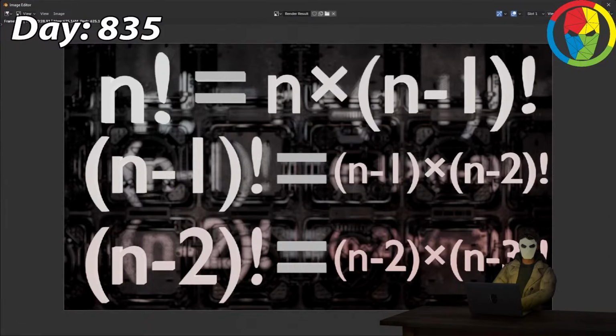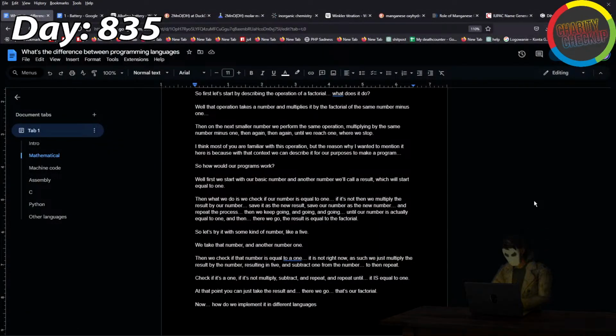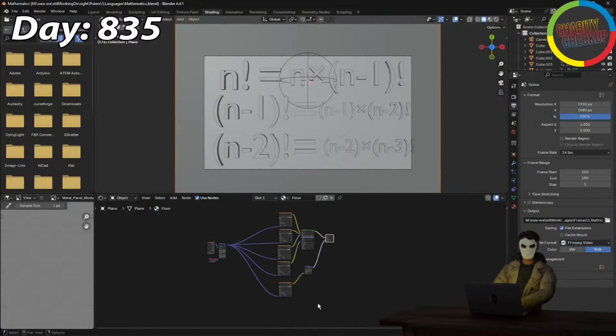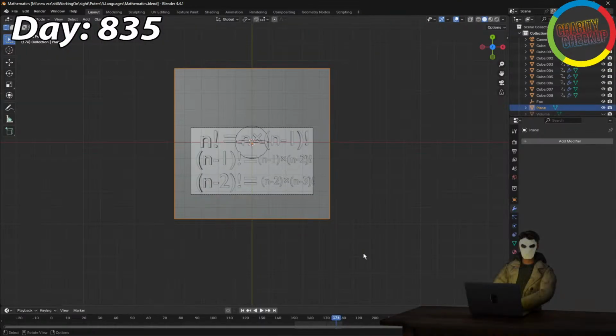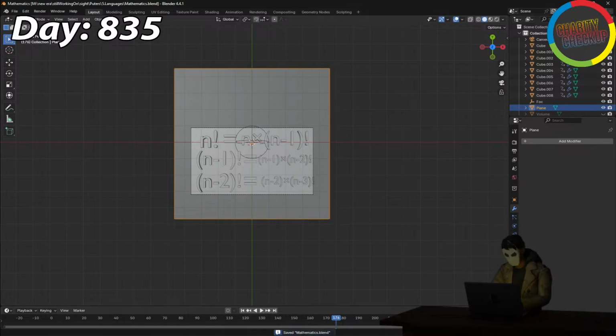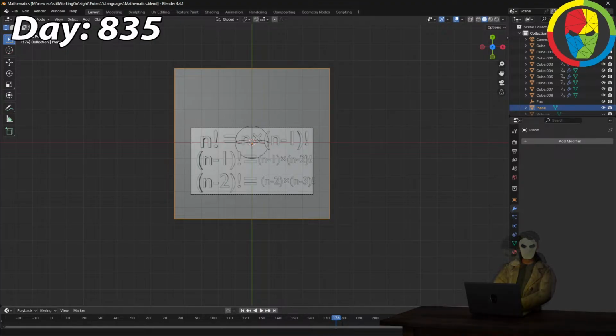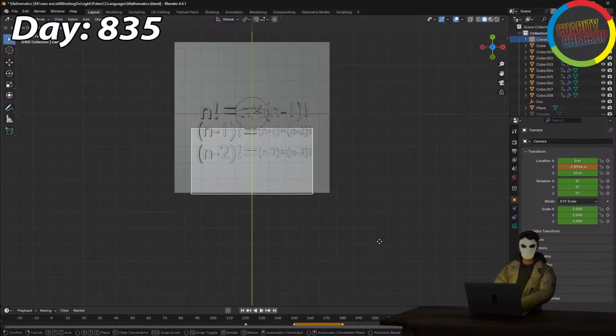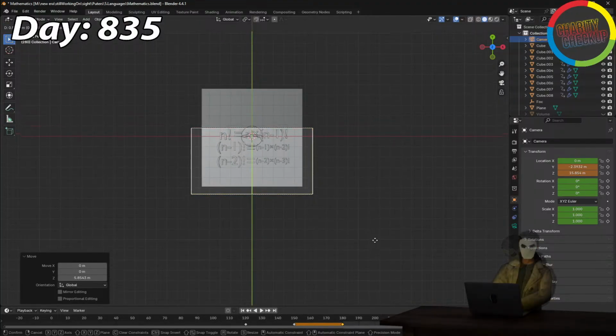Now let's carry on with the animation. So operation multiplying as number was 1, then again, until we reach one where we stop. So then right here, what we do is 250. No, wait, let's do 280 actually. This will be a long one because what we'll do is we'll do this and then we will go way lower and go higher up, like so.